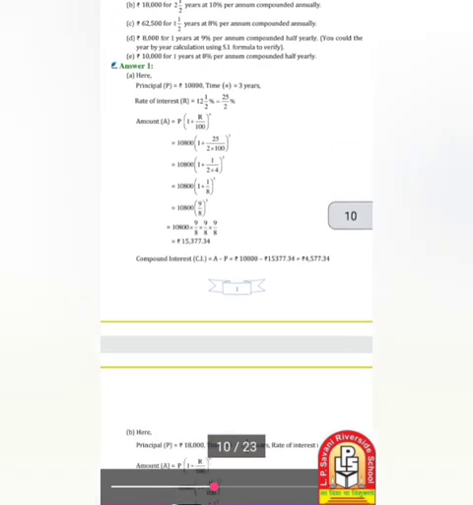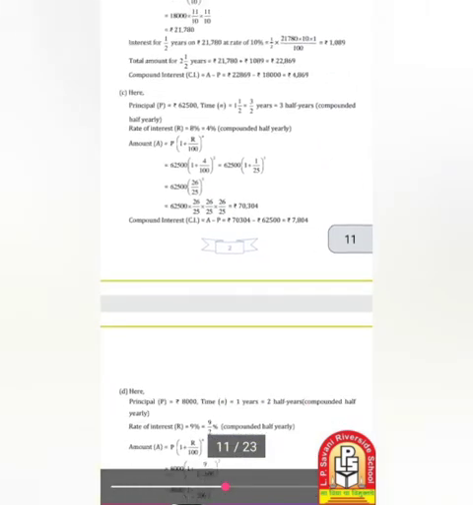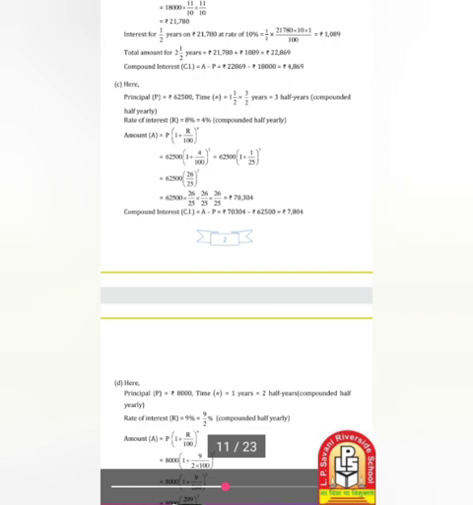So P is equal to 62,500, n is equal to 3 by 2 years, 1.5 years only, and amount A is equal to P into the bracket 1 plus r by 100. So here P is equal to 62,500 and r is equal to 4, 4 upon 100. So 62,500 into the bracket 1 plus 1 upon 25 raised to 3.